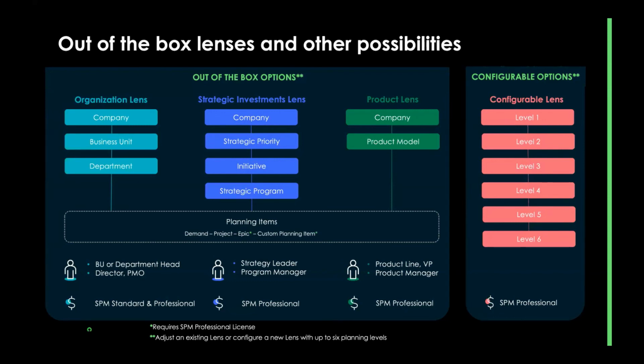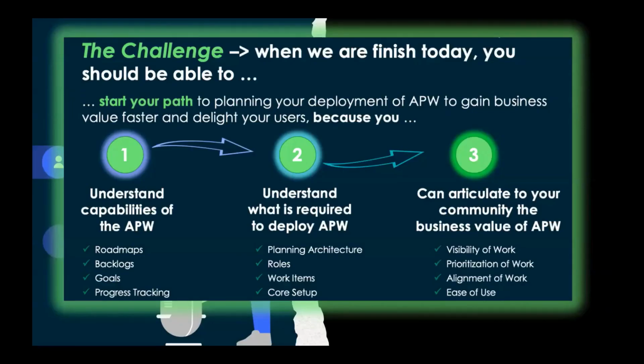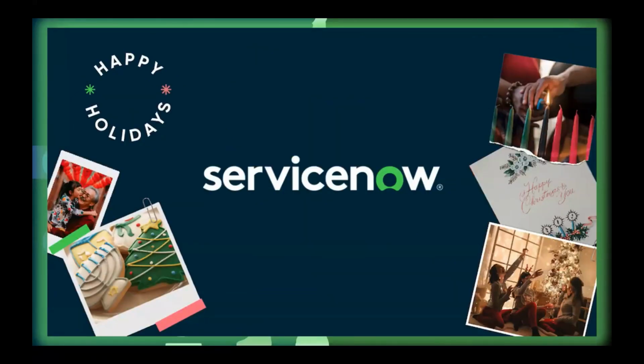We're planning to introduce a capability lens so that you can view the work. APW is always going to be about those planning items: demands, projects, epics, types of work. But in the future, what do you want to divide it up by? You might look at it by business applications or by capabilities.